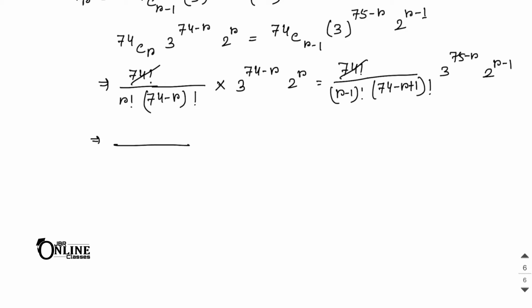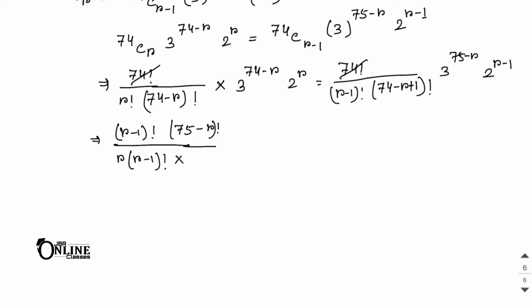You can write down r minus 1 factorial, and this one will be 75 minus r factorial, then divided by r factorial, meaning r into r minus 1 factorial, and next one 74 minus r. Okay, so the next one will be 74 minus 1, then again minus r.